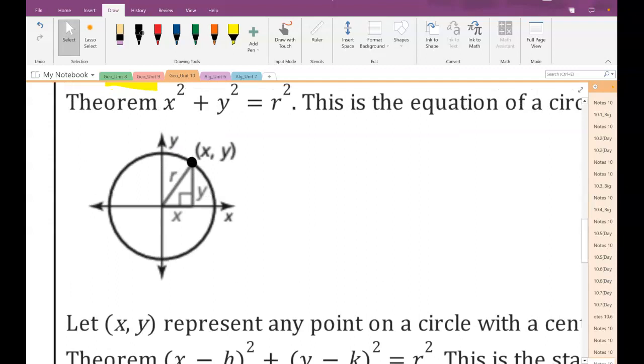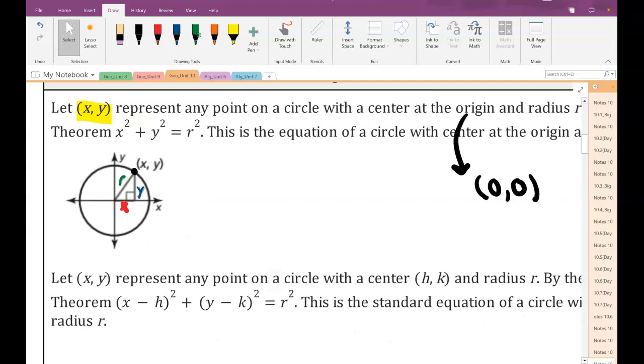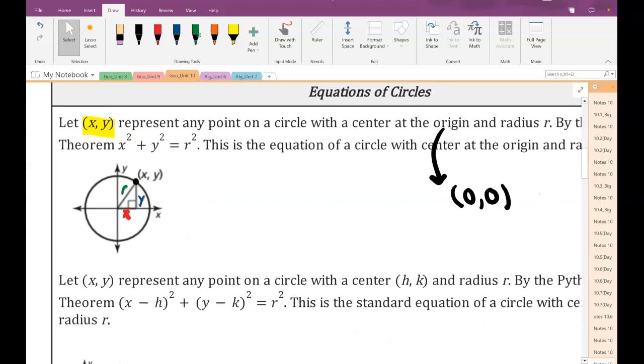Where if we zoom in on the picture here, the length along our x-axis is x, the length along our y-axis is y, and then our radius we could see from getting from this origin to a point on the outside, or the center of our circle to the point on our outside. So this is the equation of a circle with the center at the origin specifically. Right, the center is at 0, 0 with a radius of r.